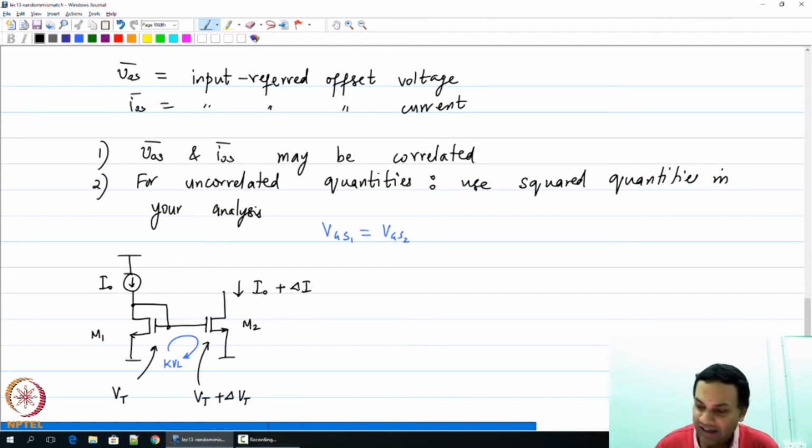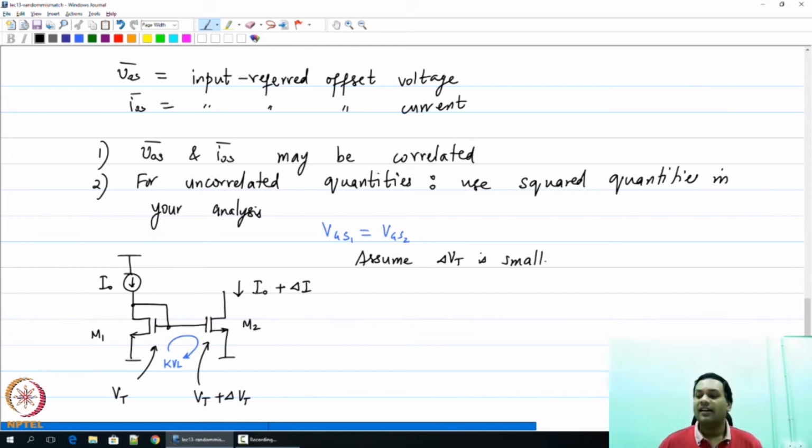So how do I find out the value of delta I? The first thing I can do is assume that this delta Vt is small. Obviously, nominally the two devices better be identical, and therefore any distribution is fairly tightly controlled. So I can assume that delta Vt is small.